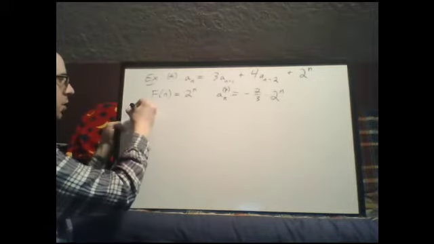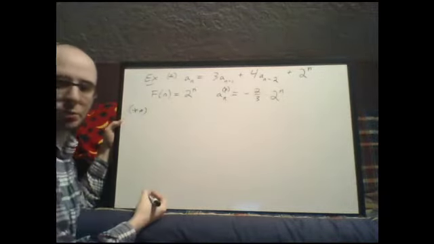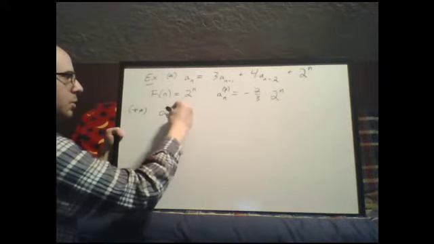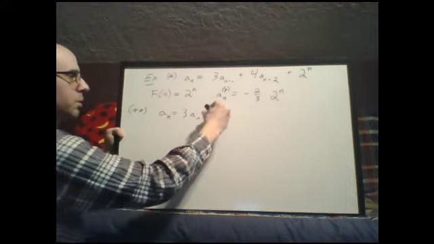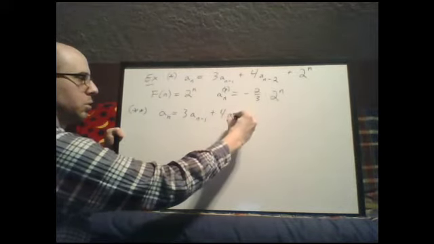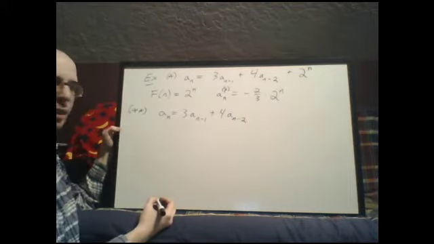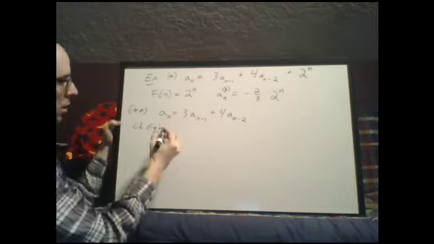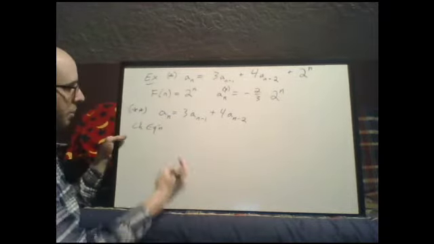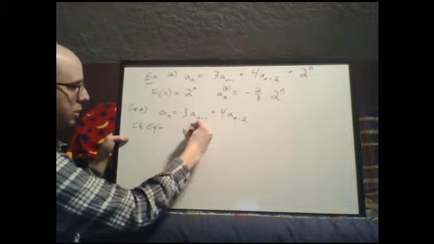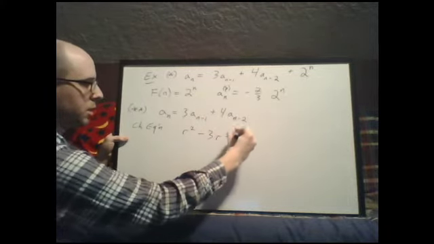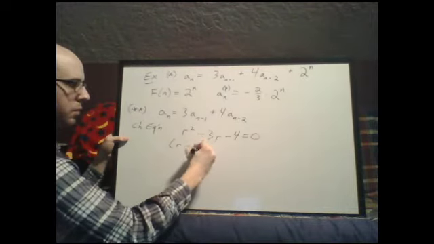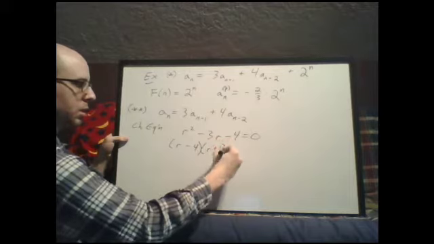So double star for this example, the homogeneous recurrence would be the same thing but without the 2 to the n. So an equals 3an minus 1 plus 4an minus 2, and that's it. So then I would need my characteristic equation, which, abbreviating this example, is r squared minus 3r minus 4 equals 0, which factors as r minus 4 and r plus 1.